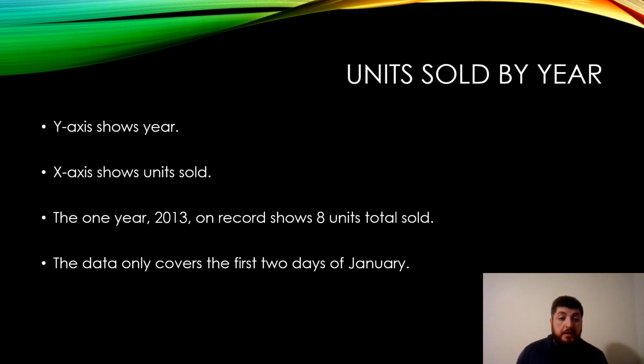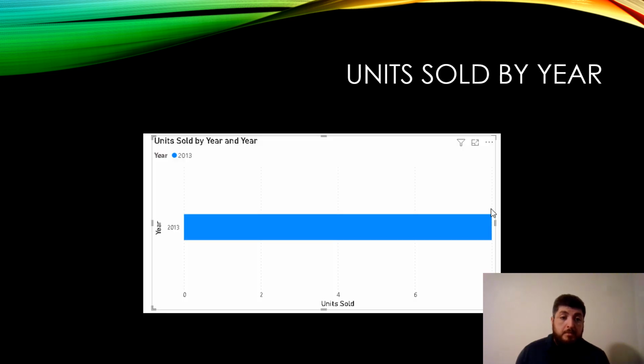So it's not a big amount of data that you'll see, so it doesn't look extravagant. So in 2 days, pretty much is what we have for data, 2013, 1 year, and we've only sold 8 units.